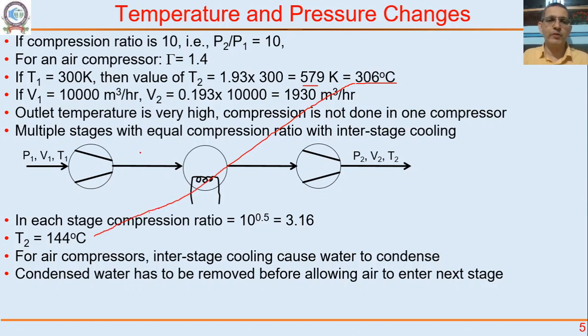Now from one, so this is 144. We allow this to cool from 144 to, let's say, something ambient, let's say 40 degrees centigrade, and then we again compress. So this temperature also is around 150, 160 degrees centigrade. We don't reach this high temperature of 306 degrees centigrade.